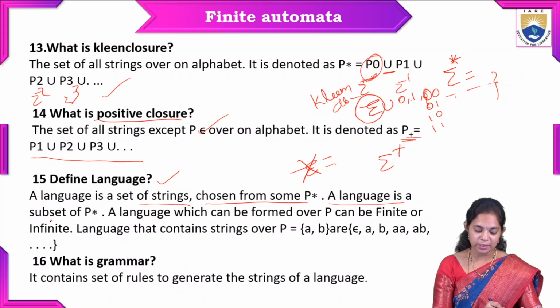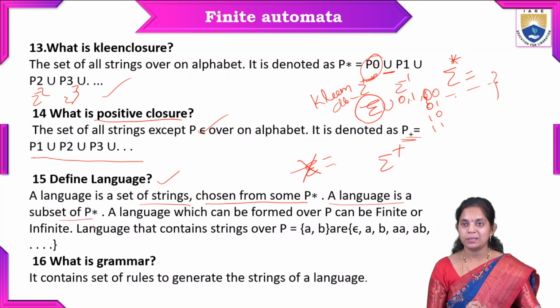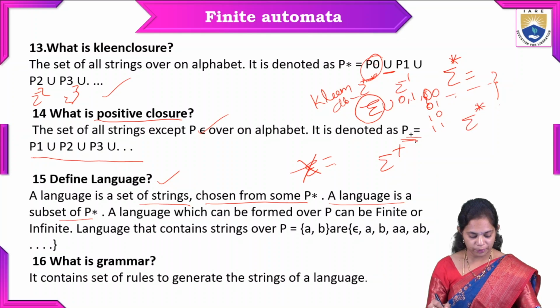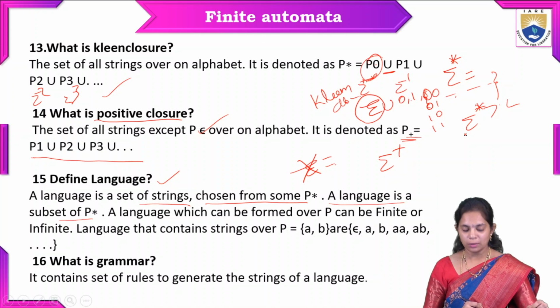A language is a subset of sigma star, that is, a subset of the Kleene closure.